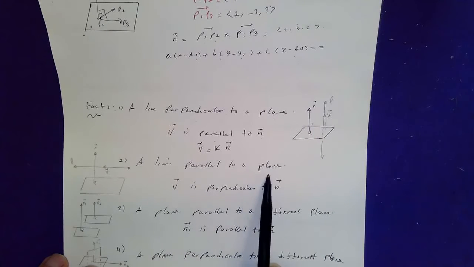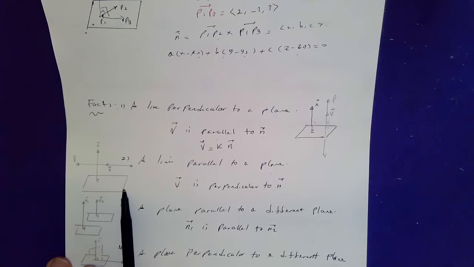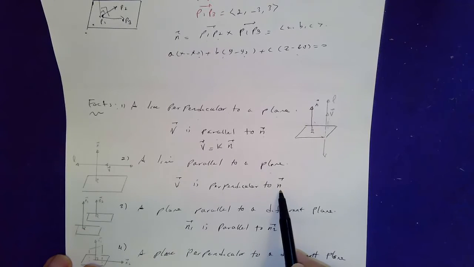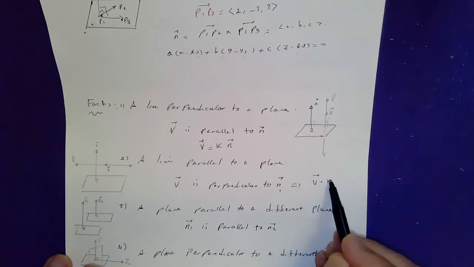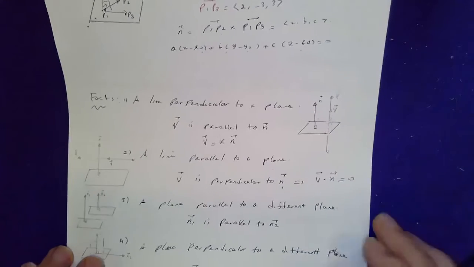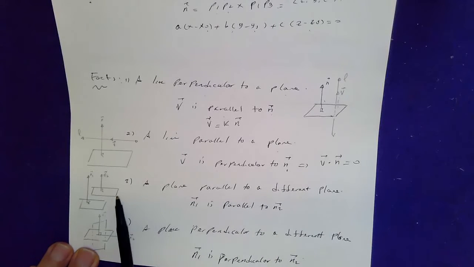A line is parallel to a plane if V is perpendicular to N. In other words, the vector V dot N has to be equal to 0. A plane parallel to a different plane. That means, when do we say two planes are parallel? If their normals are parallel.